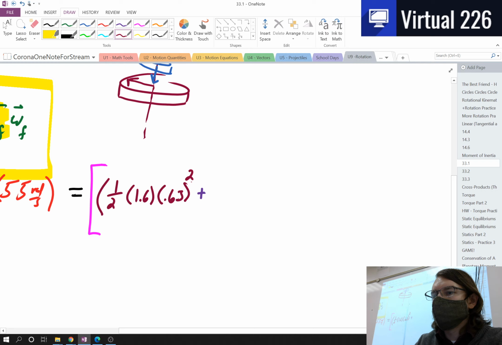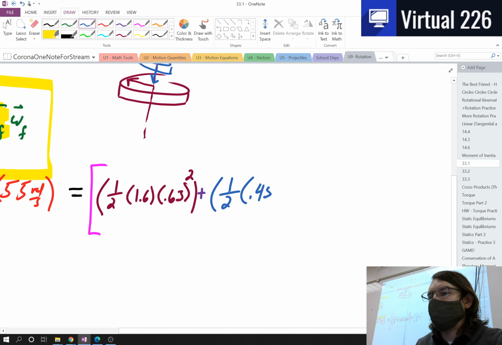So close out your parentheses. That's going to be 1/2, because that's our coefficient in front, times the mass of 0.45 multiplied by a radius of 0.38 meters, and then square it.